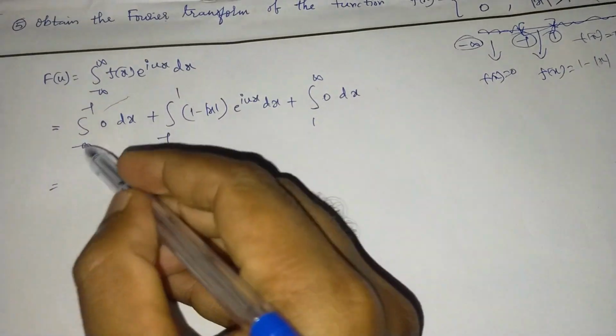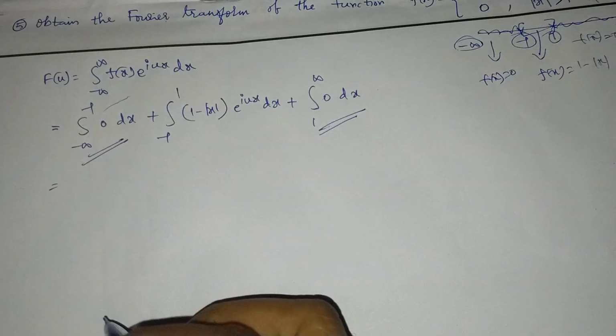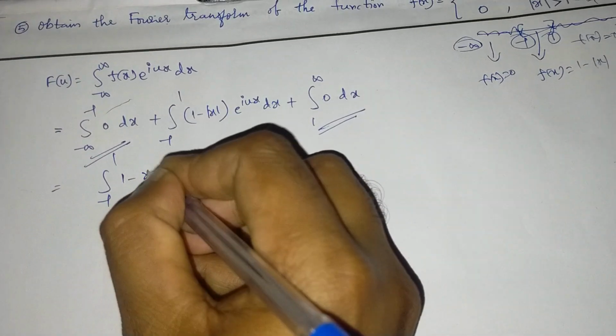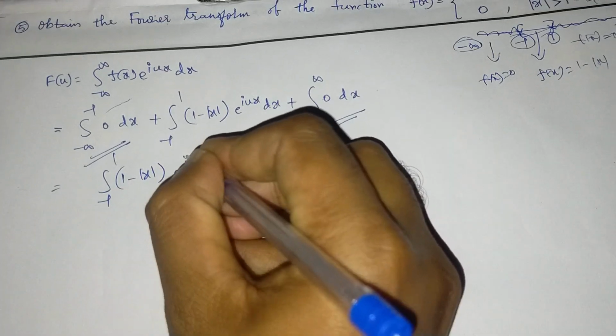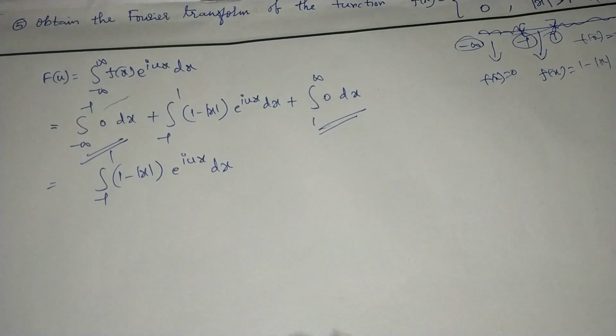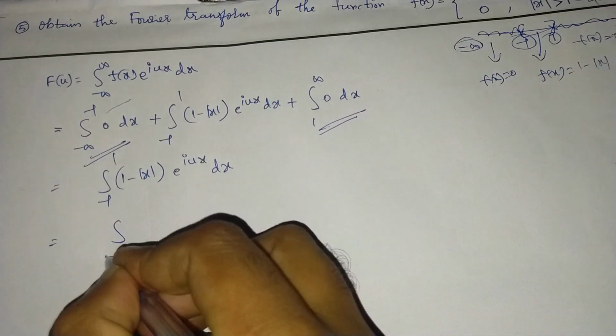So this is 0, and this is 0, so we have only this from minus 1 to plus 1, (1 minus mod x) into e power i u x into dx. Since mod x is there, we have to split this integral from minus 1 to 0.